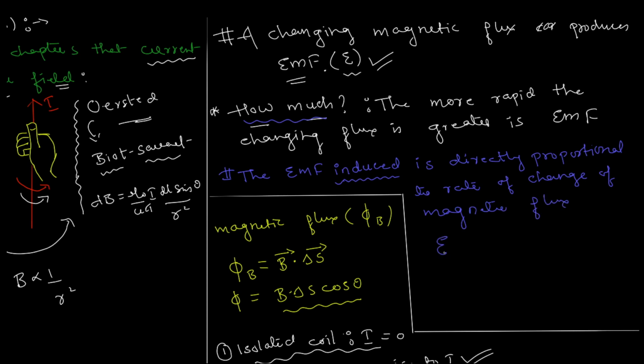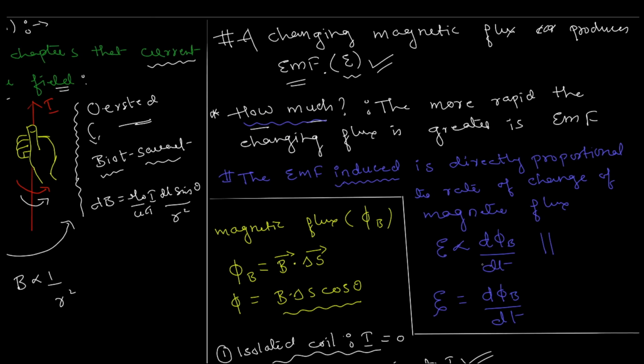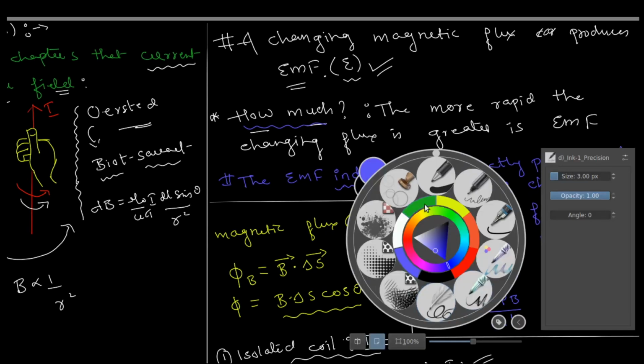So basically EMF E is proportional to d phi B by dt, and later the proportionality constant turns out to be 1. I don't have much space here, so I'll just say the proportionality constant after some experiments turned out to be 1, and today we write EMF E as simply d phi B, the change in magnetic flux, divided by change in time. So that's your Faraday's law equation right there.